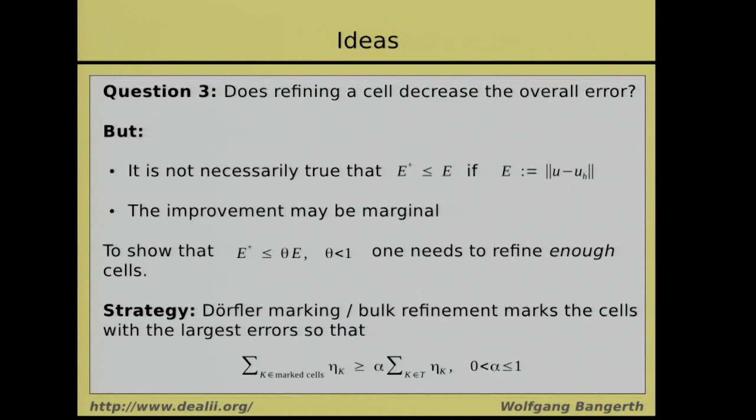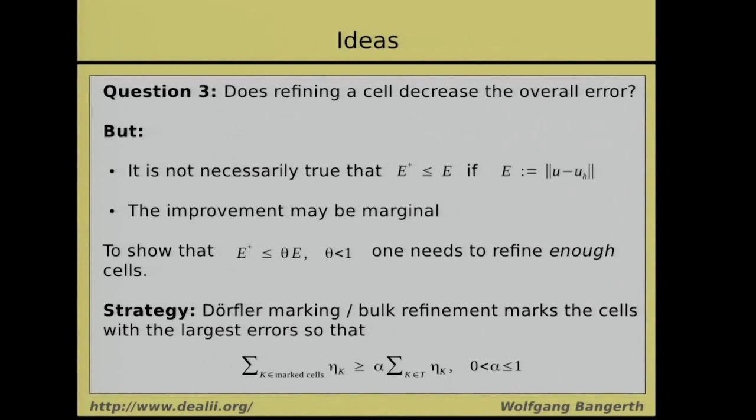So I would really like to show something of the following kind, that let's say E plus is less than or equal to, let's say, 0.9 times the error, okay? So that I have a factor reduction, and this factor must be strictly less than 1.